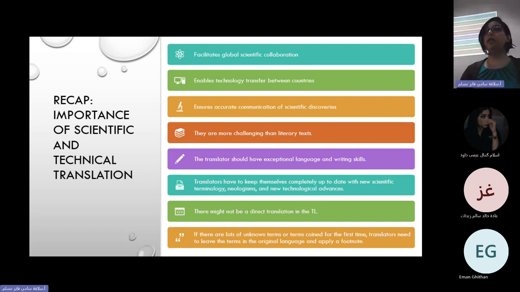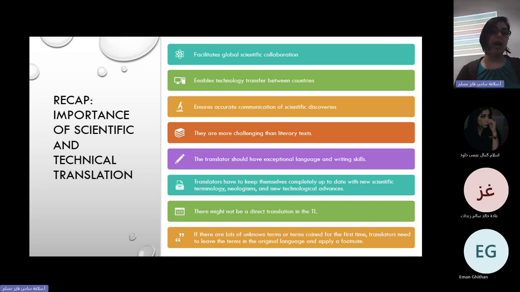It's easy to transfer technology and technological terms between countries since they work on the same level of technicality. Ensures accurate communication of scientific discoveries. This is why it's important, okay? And they are more challenging, as we said, than literary text.